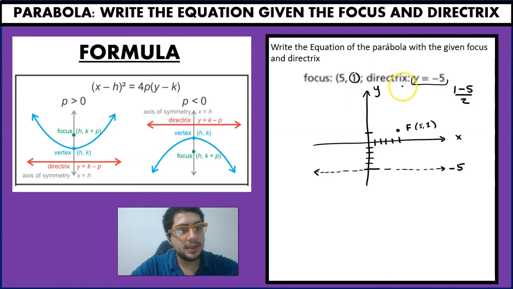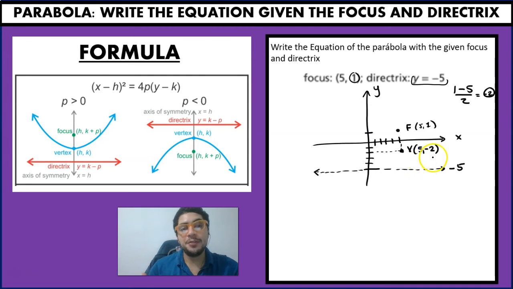So when we do that, that is going to be minus 4 divided by 2. So that means that our value of the vertex is going to be actually on minus 2. Okay? So it's going to be on 1, 2, 3, 4, 5, and minus 1, minus 2. So that means that our vertex is actually going to be here. Right? So our vertex is going to be on (5, minus 2).